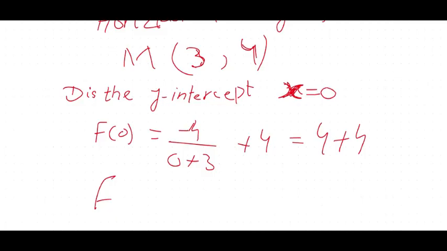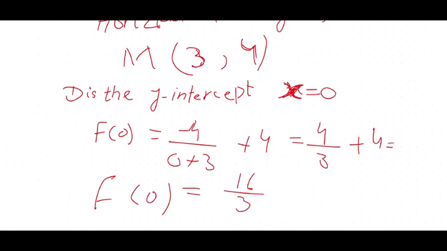Sorry, this minus cancels with this minus, and we have over here not 4 plus 4 but 4 by 3 plus 4. So we get the answer 16 by 3, because 3 times 4 is 12.